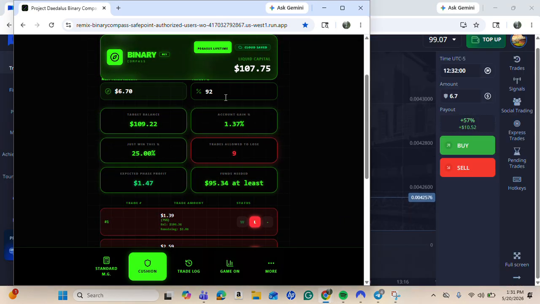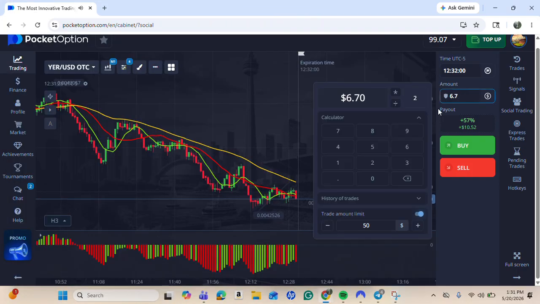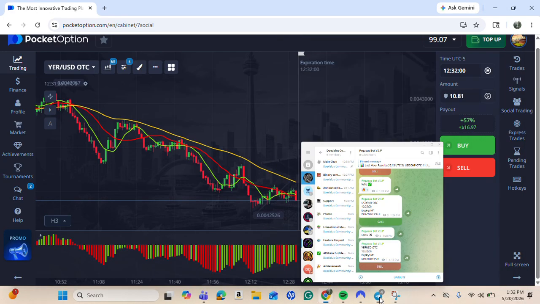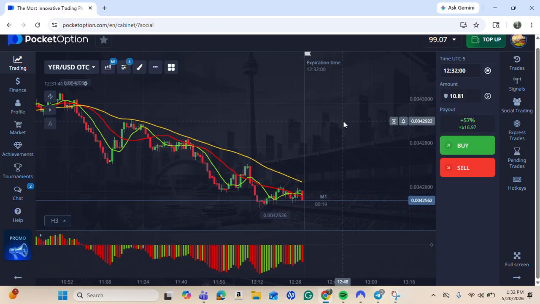Change this to 57%, right? Generate. You don't have to check. You don't have to say that's 1081. Right? 1081. This is just for video purposes. Do not do this. You're trading at 32. We're selling at 32. Right? Let's see how good we're going to do.